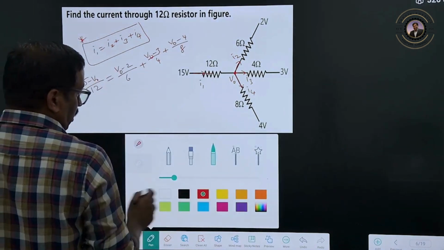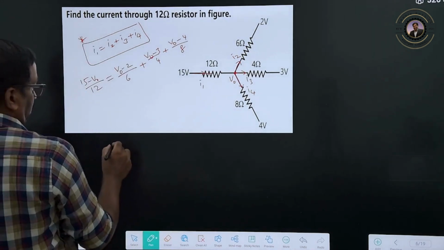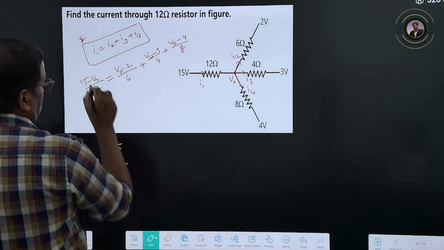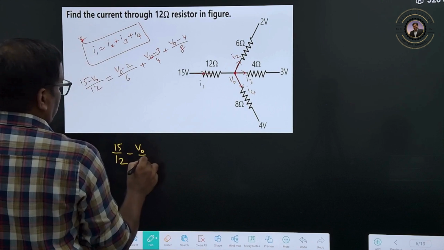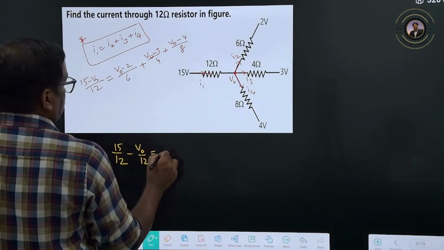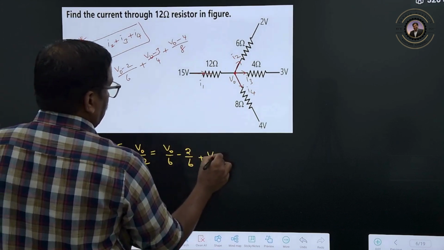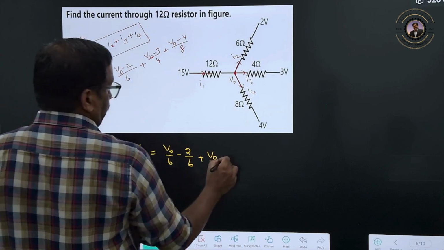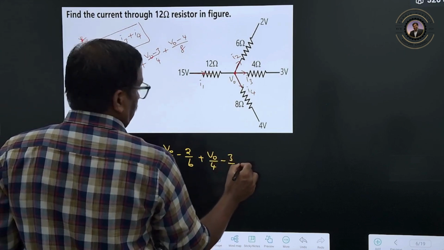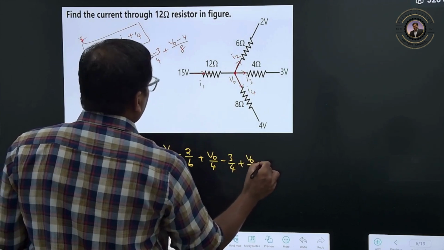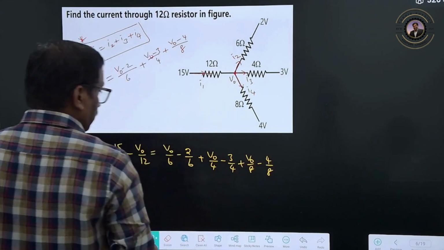Right? So we can simplify it now. Therefore 15 by 12 minus V0 by 12 is equal to V0 by 6 minus 2 by 6 plus V0 by 4 minus 3 by 4 plus V0 by 8 minus 4 by 8.